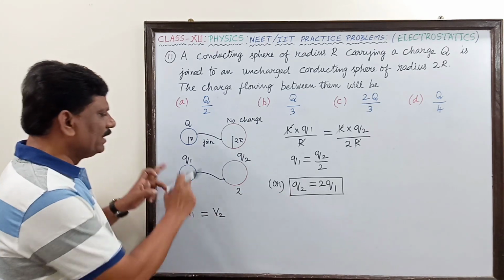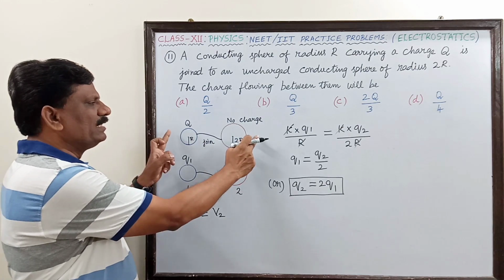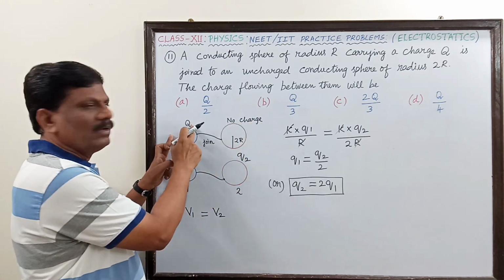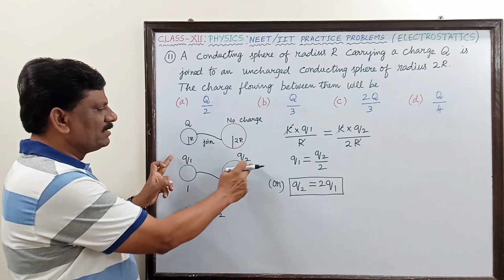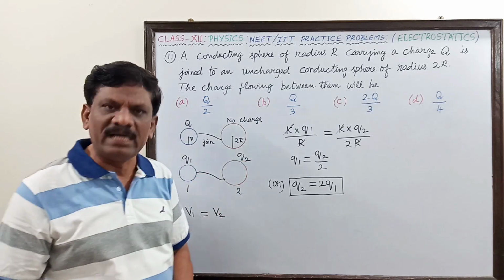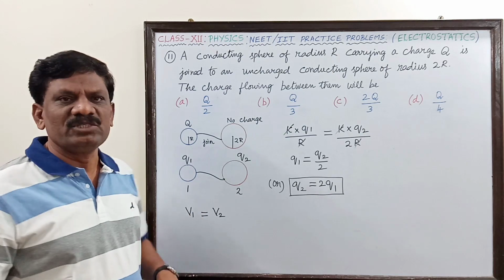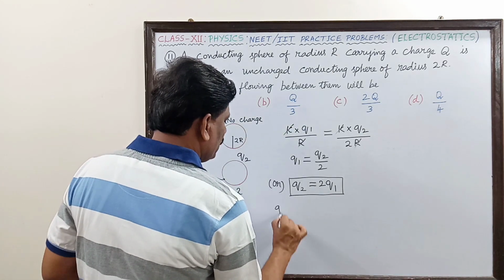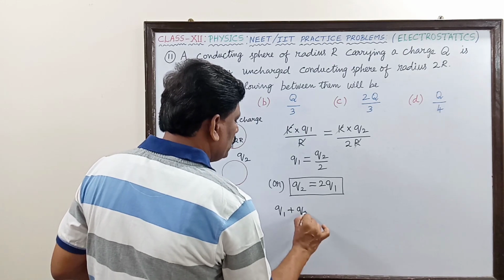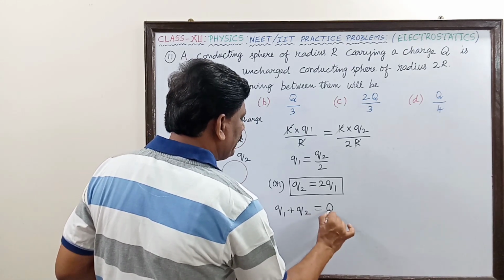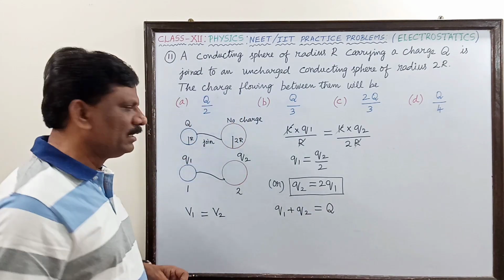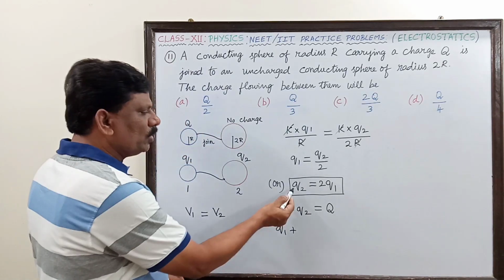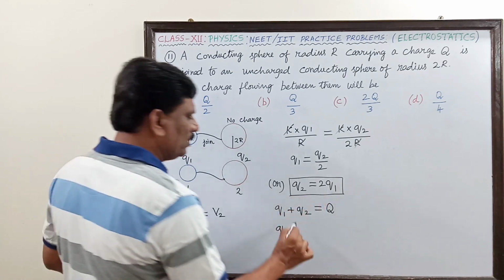Now you see here, the total charge in this system before joining was Q plus 0, that is Q. After joining also, by the conservation of electric charge, the total charge should remain constant. Therefore, Q1 plus Q2 must be equal to capital Q. So Q1 plus Q2 is equal to how much times Q1? 2Q1.